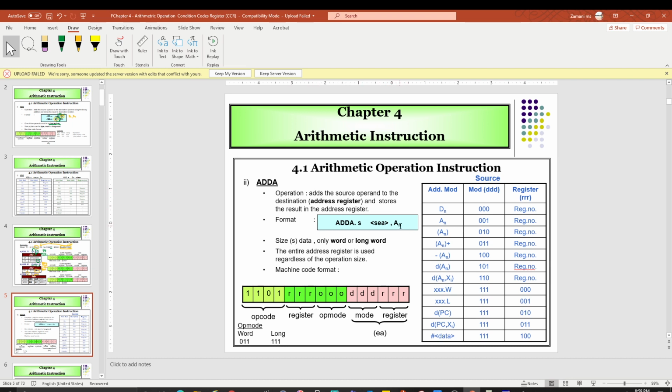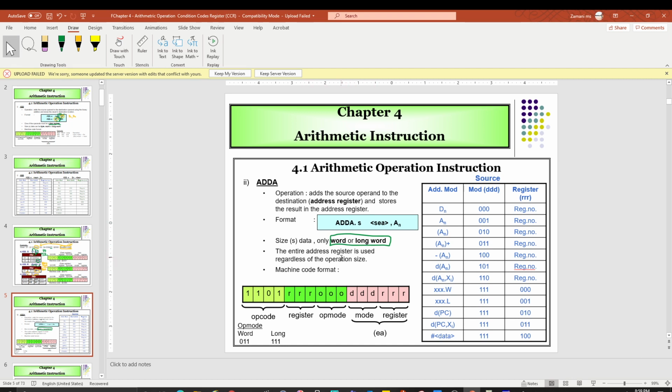Add the source operand to the destination, source plus destination, and store it back to the location here for the AN. This is the last location that is going to be saved. The important thing is it only can use word and long word size. Just now you can use all sizes, byte, word and long word, but for this case you are only allowed to use word and long word size because of this A operation, add address.